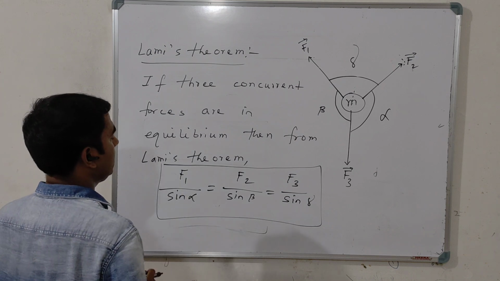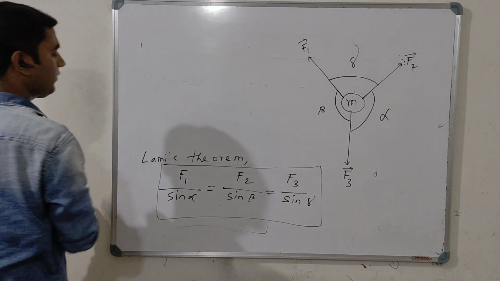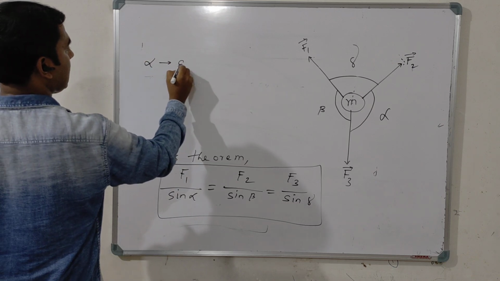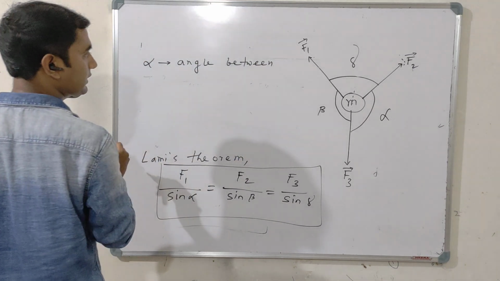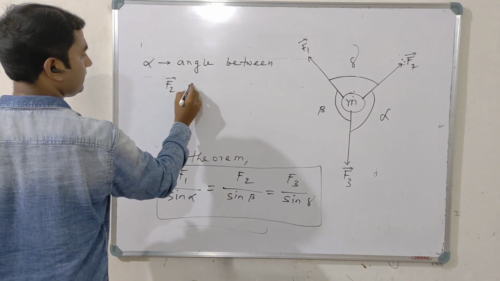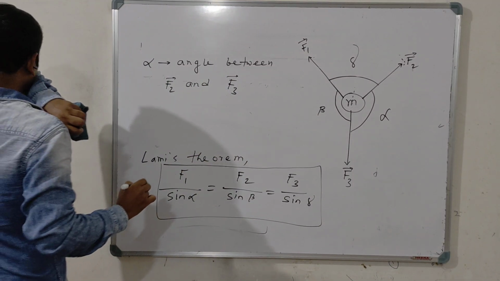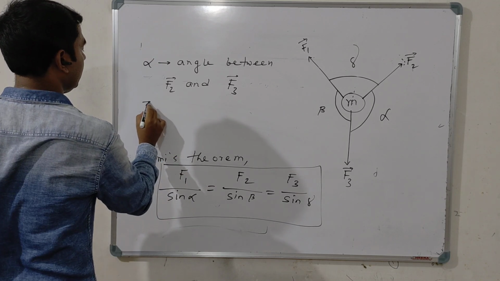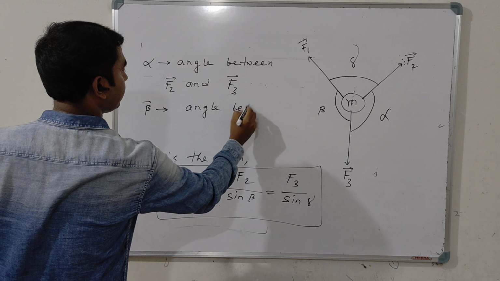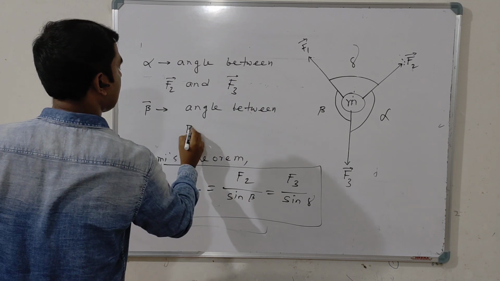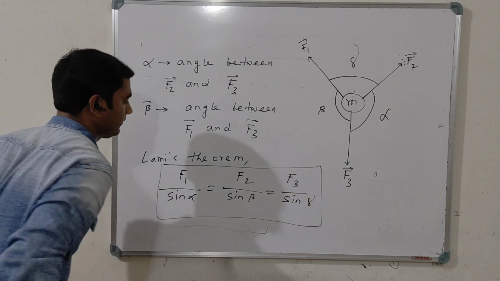Okay. What is alpha? Alpha is the angle between F2 vector and F3 vector. What is beta? Beta is the angle between F1 and F3.